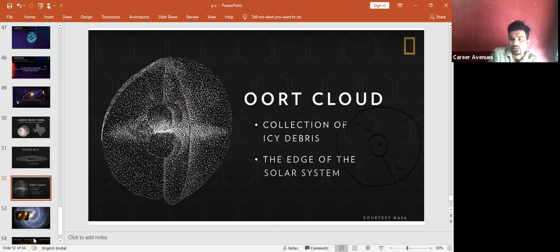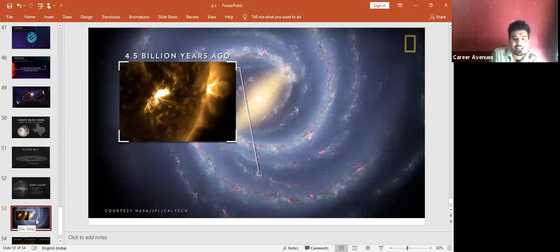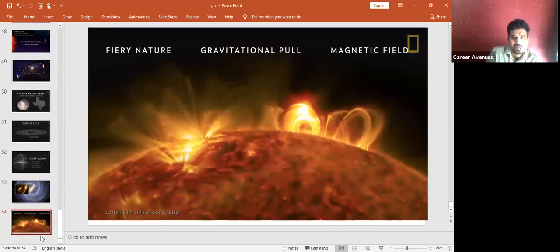After this, you are away from the sun's gravitational force. This entire solar system was formed around 4.57, on average 4.6 billion years ago. This is our sun, having a fiery nature, gravitational force, and an intense magnetic field around it.